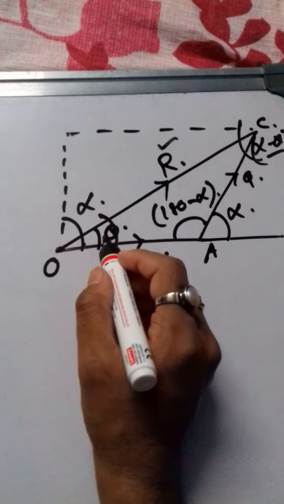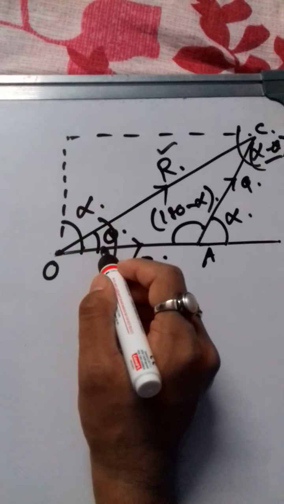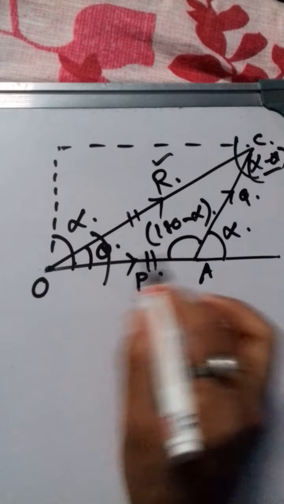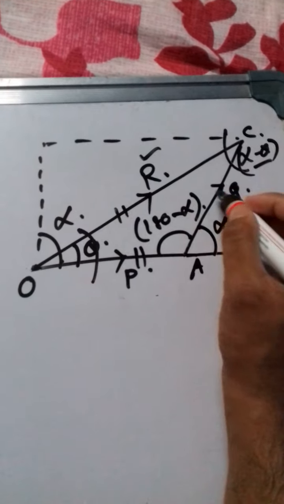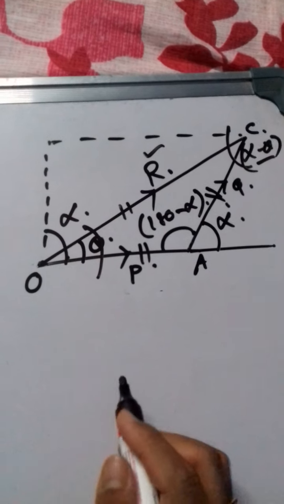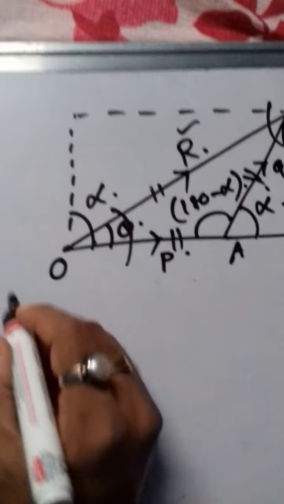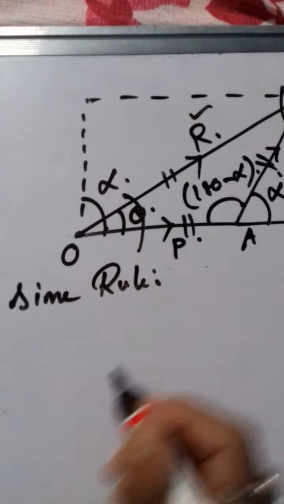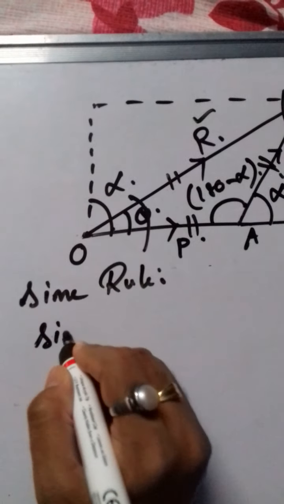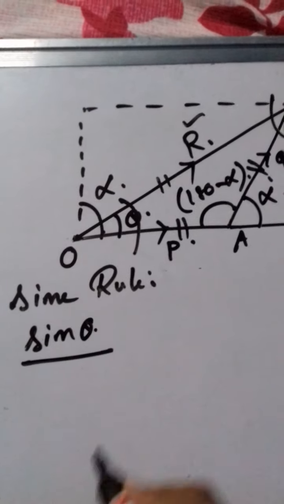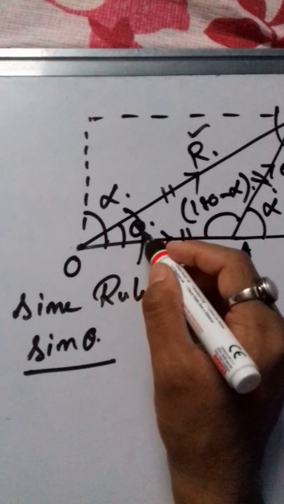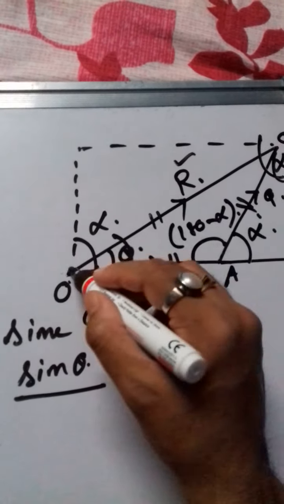So if we consider sine of theta, theta is the angle between these two lines, so the opposite side is this Q, right? Using the sine rule, what you will get: sine of theta. What is the opposite side? Opposite side is AC, because theta is the angle between OA and OC.